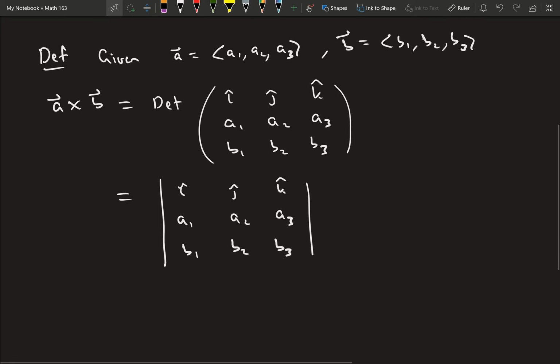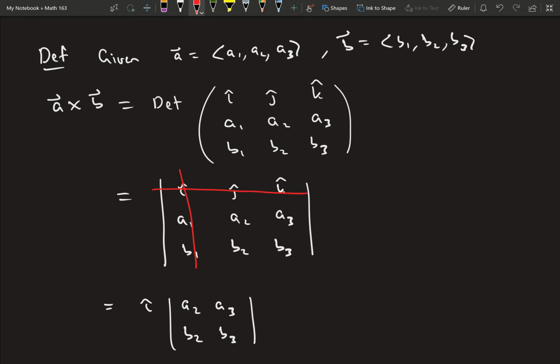So how does this actually come out? Well, let's expand about the first row. So we have i times the determinant of the minor matrix, A2, A3, B2, B3. And remember, you get that by crossing out the corresponding column and the corresponding row, and then taking what's left over. And then we expand by the next term, minus j times the determinant of its minor, which is going to be A1, A3, B1, B3.